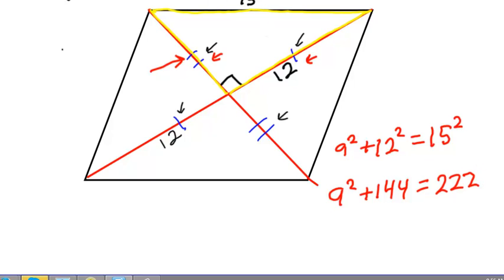Okay, so now we just subtract 144 from both sides. And I'm left with a squared equals, what is this? Let's see. 222 minus 144 equals 78.